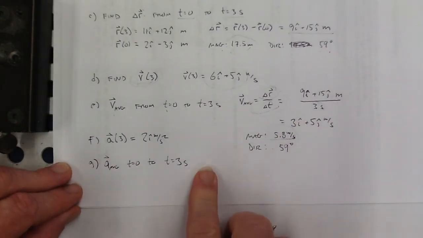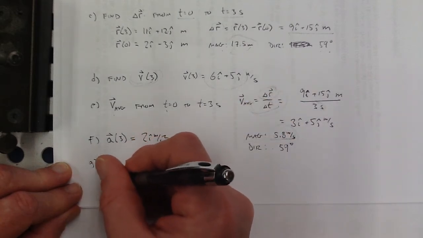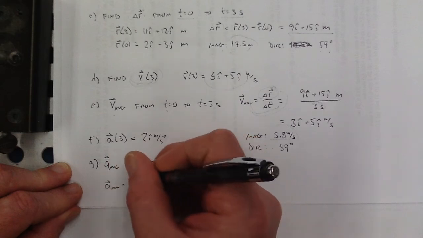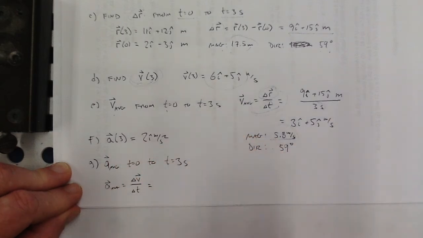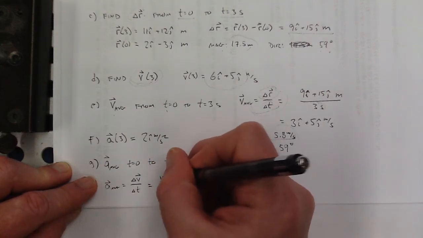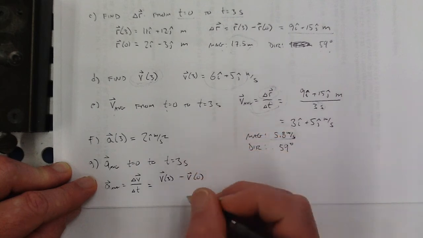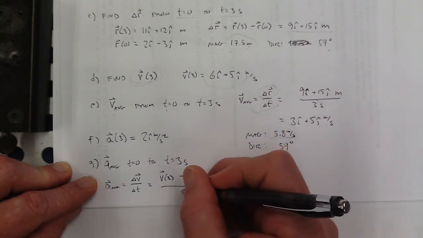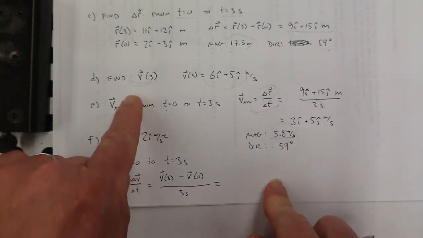Well, average acceleration, average anything, is like finding a slope, so that is delta v over delta t. So it'd have to have the velocity at time 3 minus the velocity at time 0 over 3 seconds. And I think I have those, don't I?